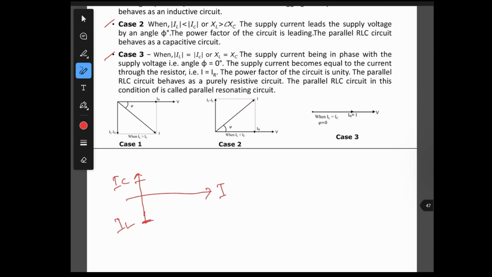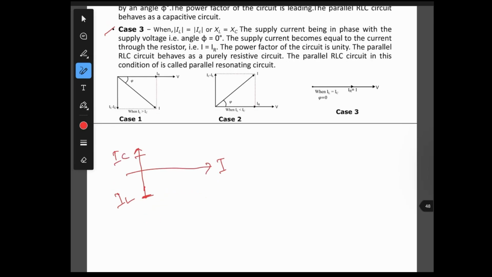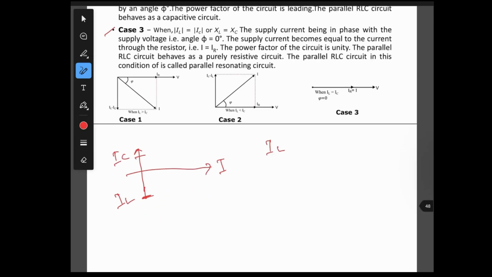So for example, if IL is greater, for example IL is 100, IC is just 10.